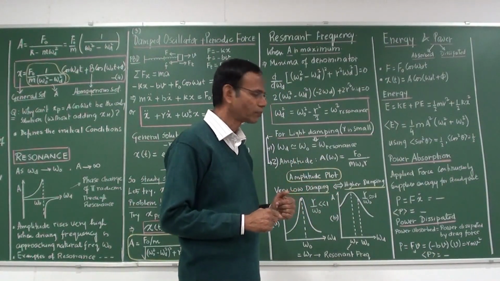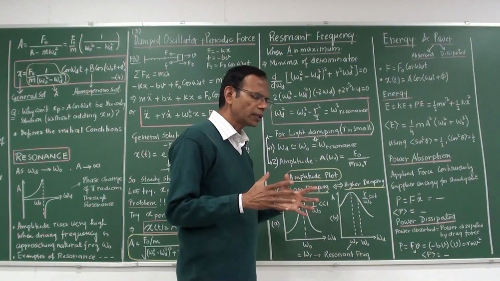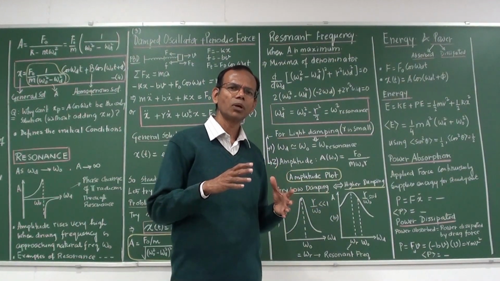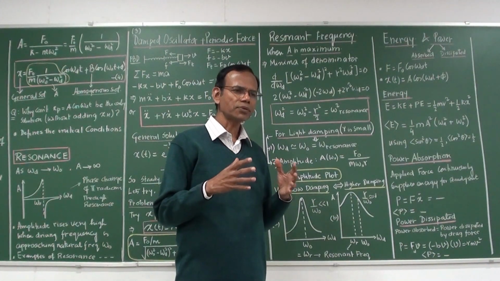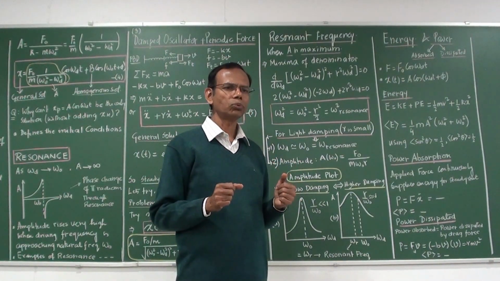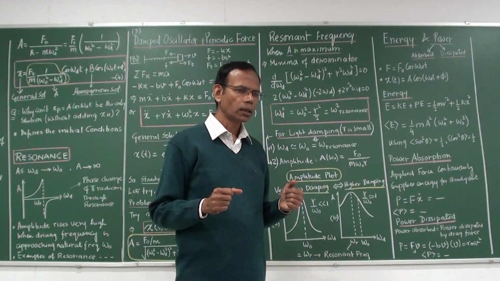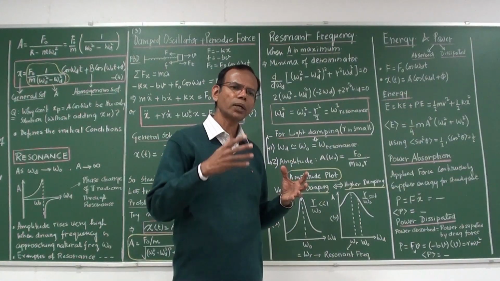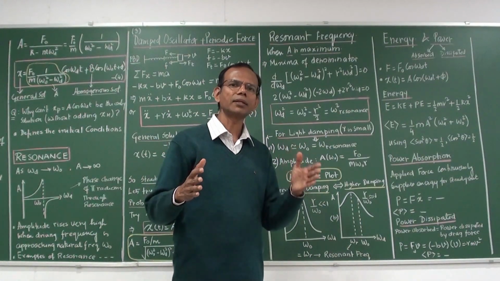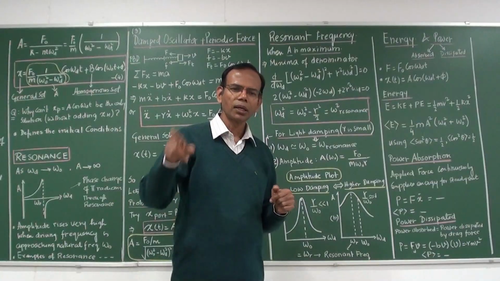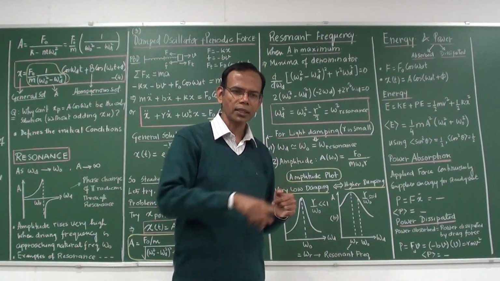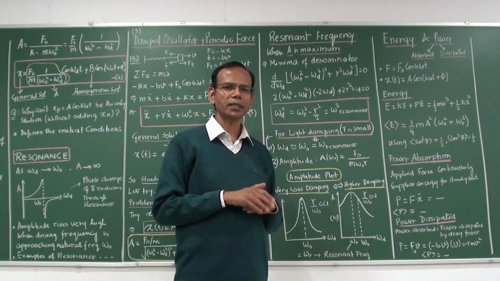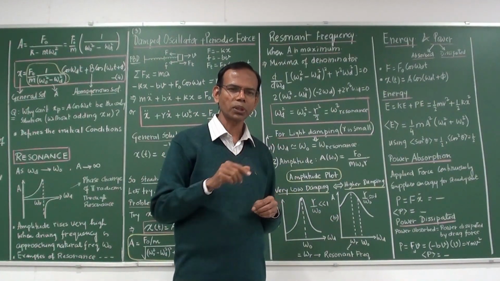Now you may wonder what the concept of this minus pi by 2 phase is. When we studied waves, minus pi by 2 meant that when one is maximum, the other is minimum. As you can remember, a body moving in a circle, and we take the projections of that circle, which is the simple harmonic motion.